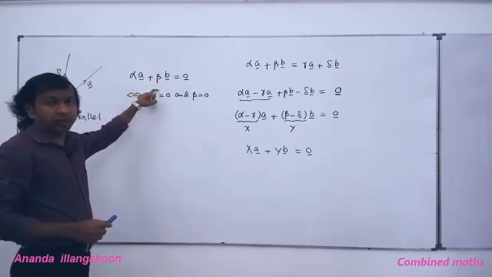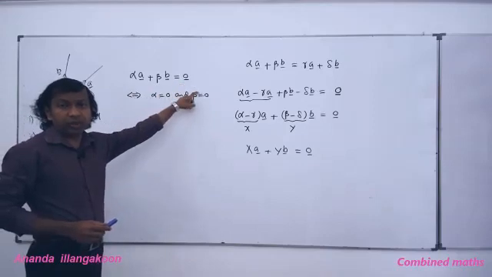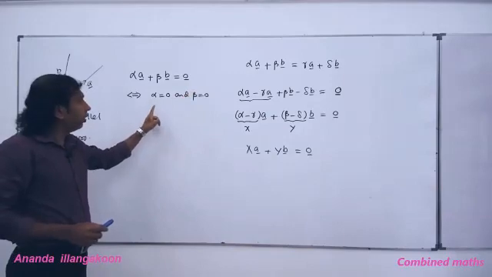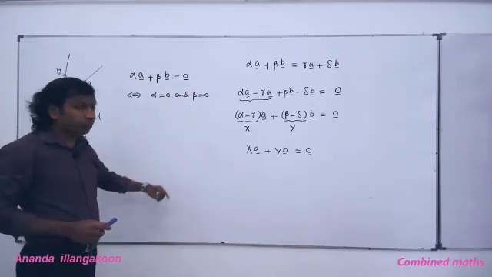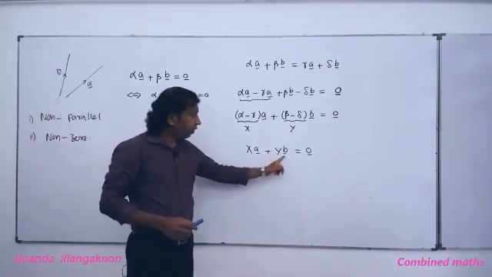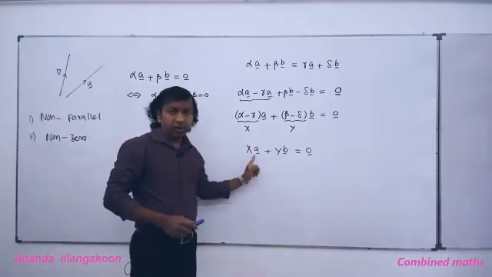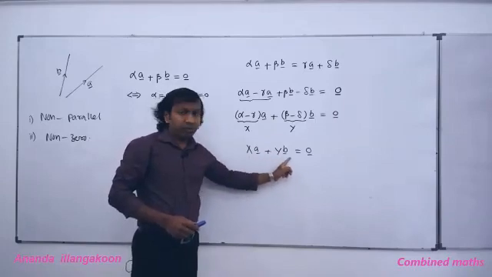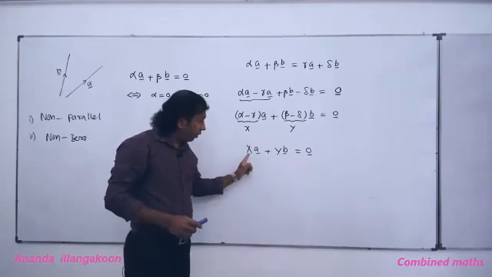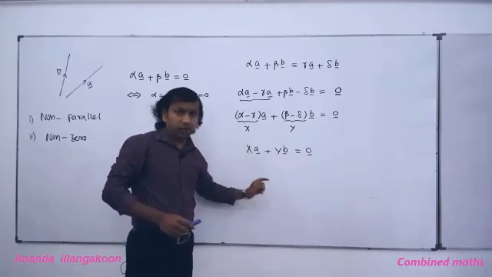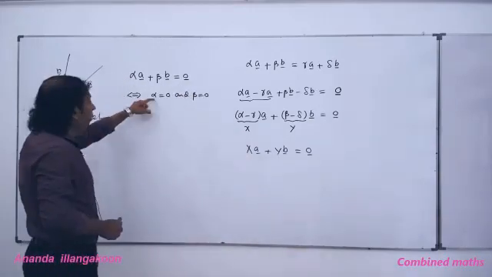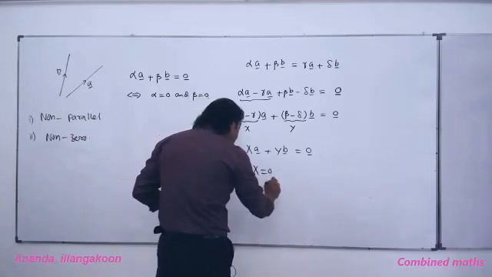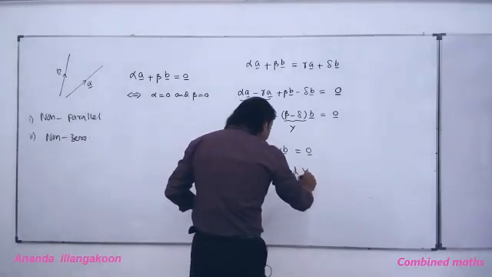If A and B satisfy alpha A plus beta B equals null vector, we proved last week that alpha should be 0 and beta should be 0. Like that, the same A and B vectors here are non-zero, non-parallel, and x and y are two scalars. Then if xA plus yB is equal to null vector, x should be 0 and y should be 0, according to the theorem we proved last week. So this implies x equals 0 and y equals 0.